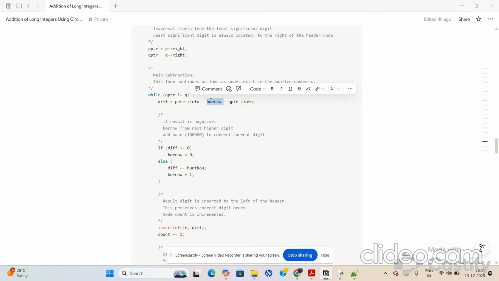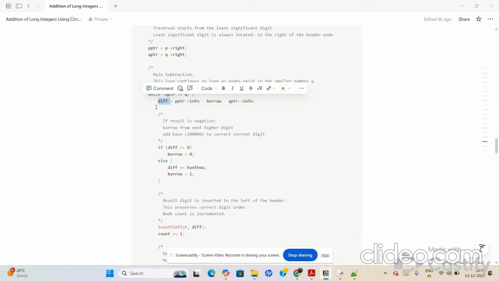Okay, so now how do we handle the borrow? If the difference that has been calculated at this step is negative, then what we do is we add the base value to correct the digit.